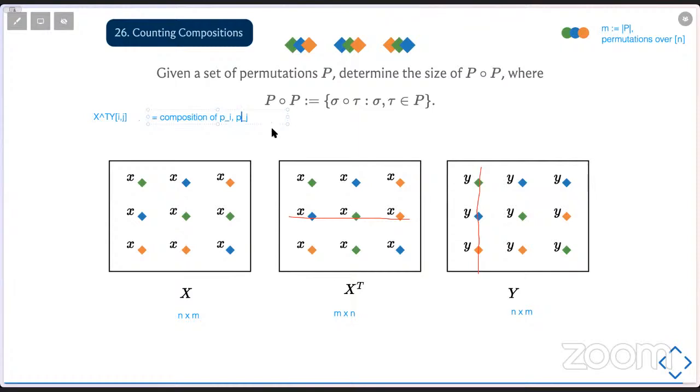To make this happen, I already know that if I multiply the X vector associated with Pi, I guess I should put a transpose there, with the inverse of Pj, then this somehow corresponds to the polynomial that gives me the composition of Pi and Pj. Does that make sense?